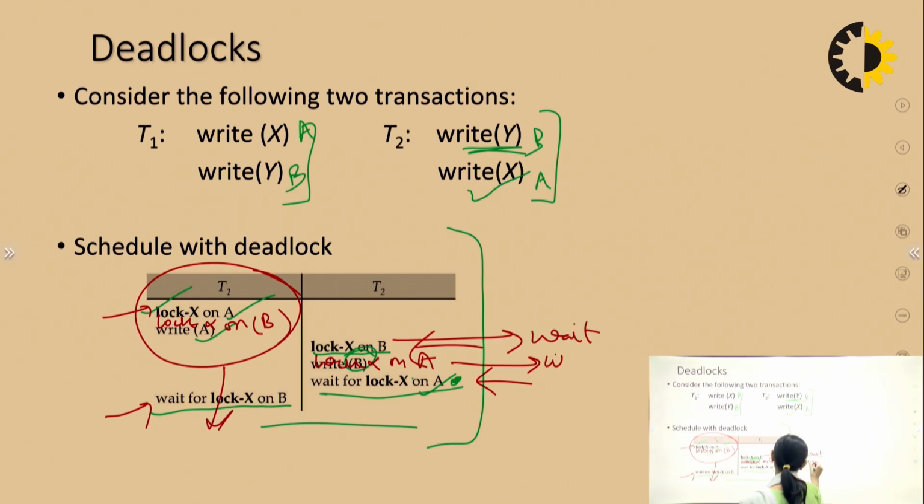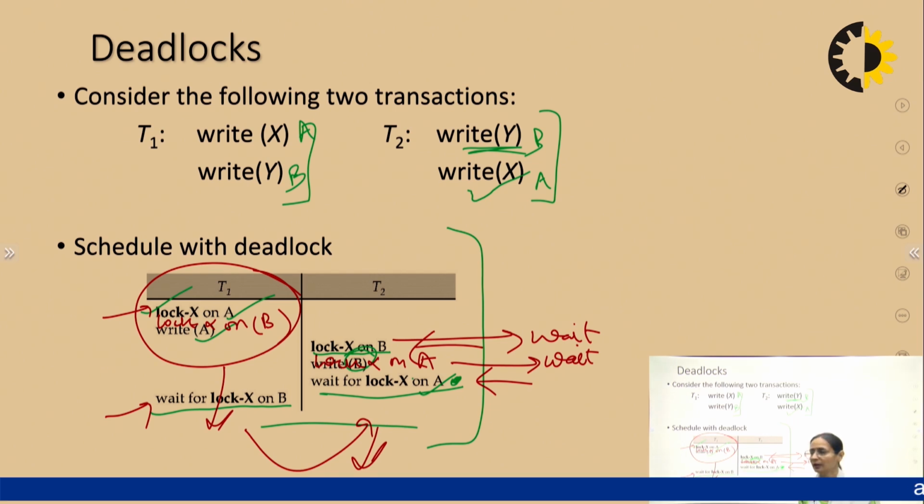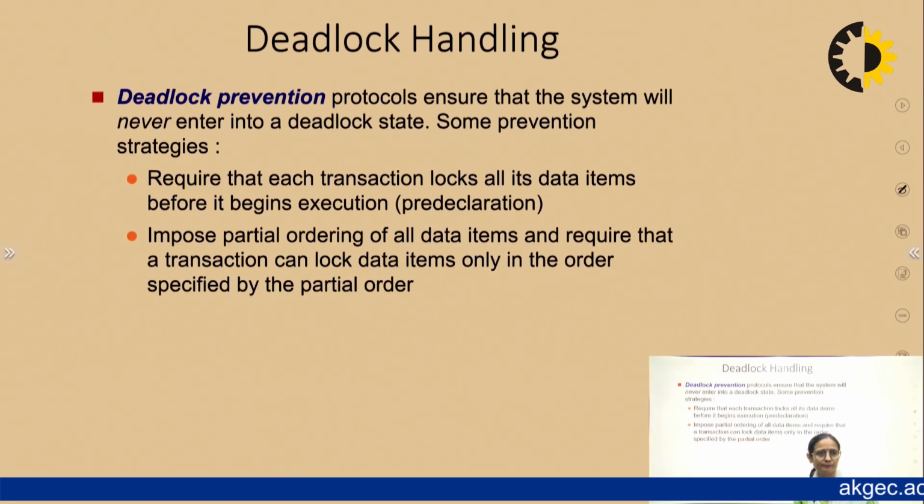Once transaction T1 finishes, it will release both these locks and transaction T2 will start its execution. So transaction T2 is never waiting for an indefinite time for transaction T1. There is progress after a deterministic time in the case of T2.